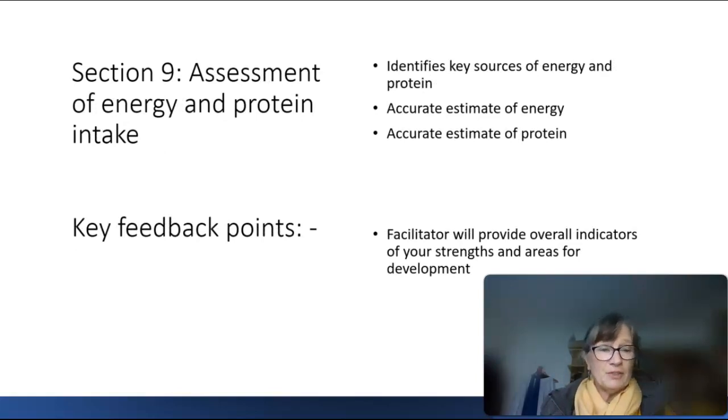With the assessment of energy and protein, we know this is an area that you are developing in. The key thing is that you've identified key sources of energy and protein. So we're not going to be looking at this specifically, as in not taking in your assessment, but are you asking questions that demonstrate that you're thinking about energy and protein? So in this particular situation, if you're looking at total energy, are you looking at sugar, for example?